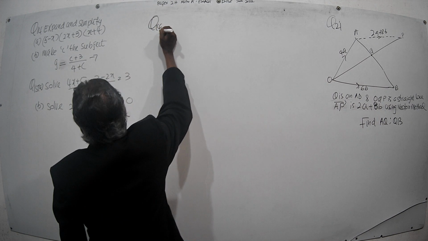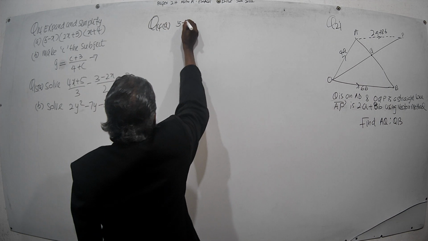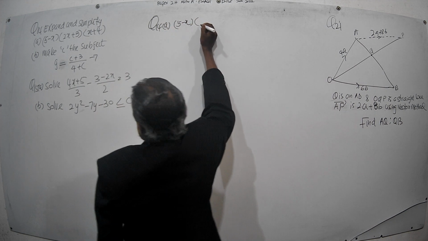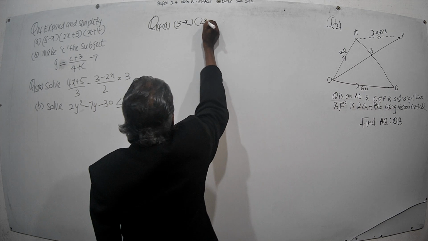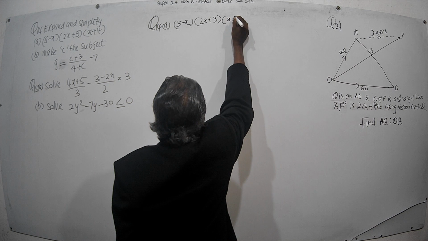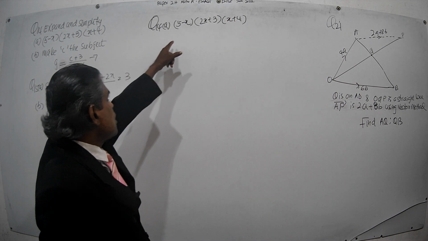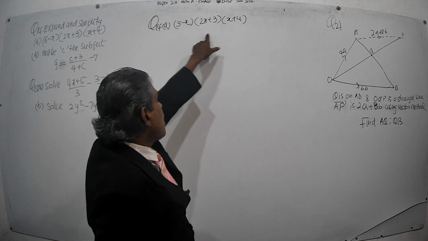Question 14A. Expand and simplify 5 minus x, 2x plus 3, x plus 4. Then we are asked to expand, so we have to multiply this by this by this.